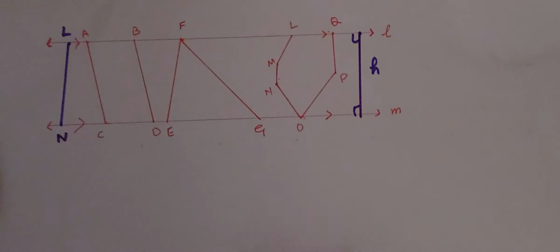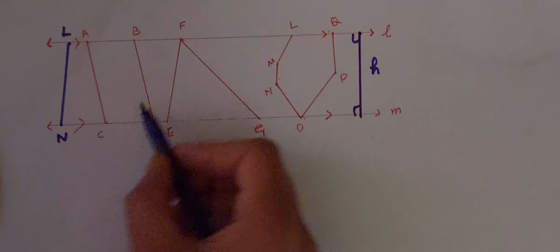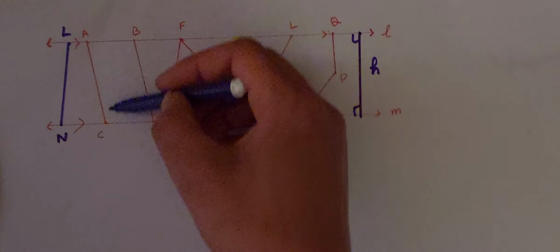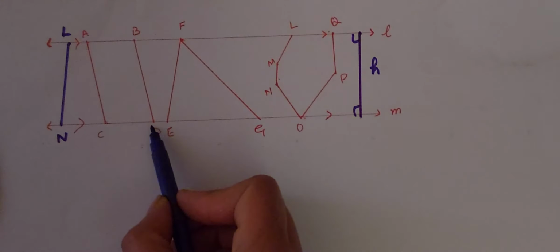Similarly, what's the height of this parallelogram? It will have 2 types of height, one with respect to these bases and the other with respect to these bases. So with respect to base CD, what's the height?